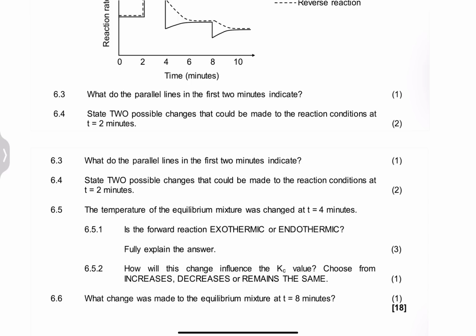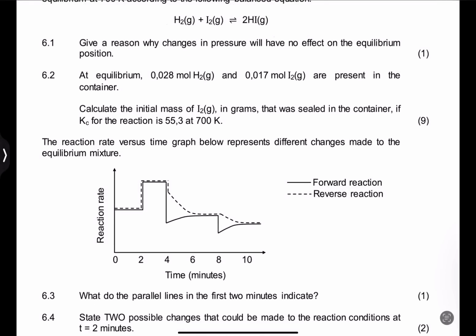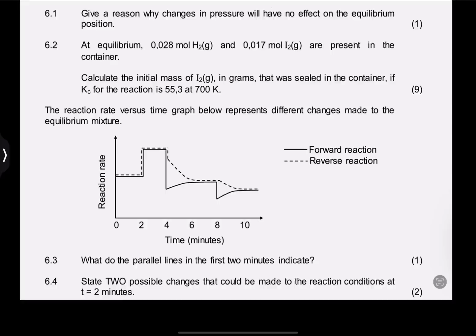They say to us the temperature of the equilibrium mixture was changed at t equals 4. Now, I want you to note that whatever they did to temperature decreased the rate of the reaction. But note that it's the forward reaction that was decreased the most, okay? That was the most severely impacted.